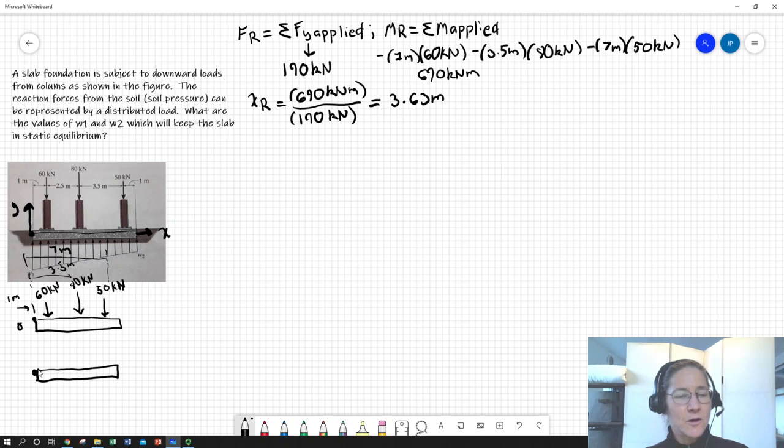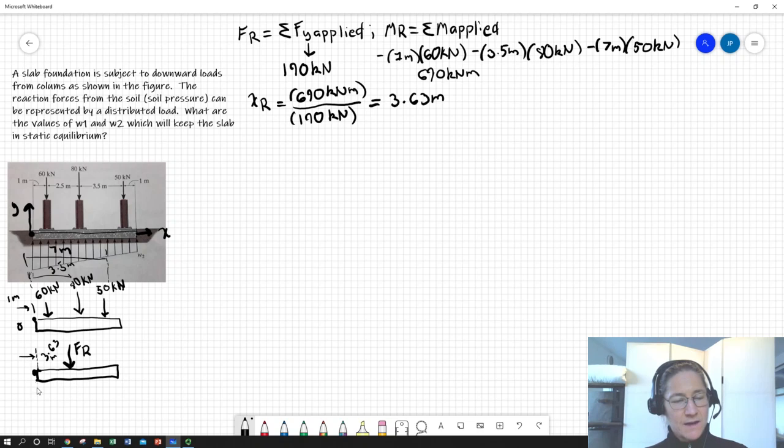So if this is 0, we have to go over, so our F sub r here is acting at 3.63 meters.